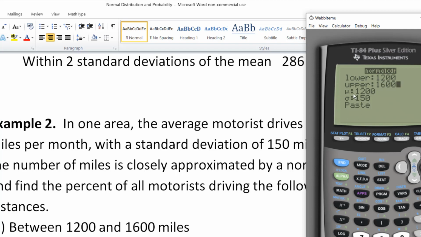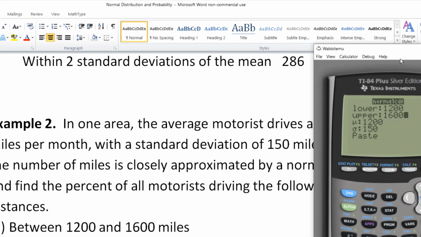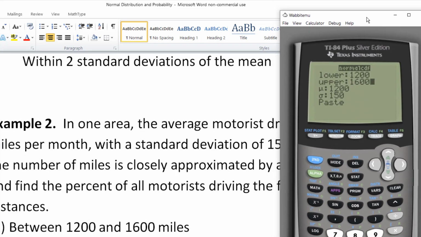And then for this one, mu is the average, the mean, which of course is 1,200. So I already have it there, 1,200. And remember, if you're dealing with the standard normal curve, then mu would be 0 here, and the standard deviation would be 1.